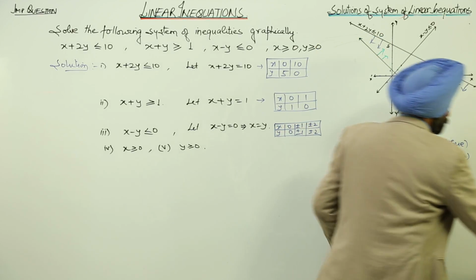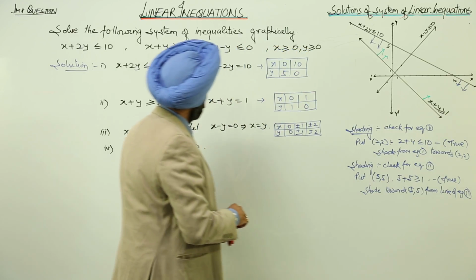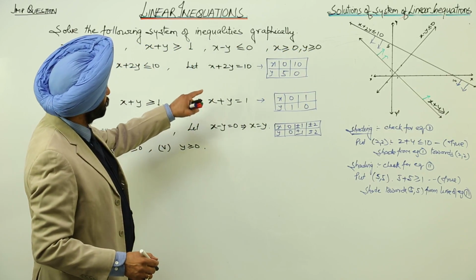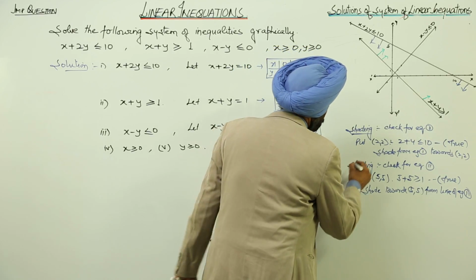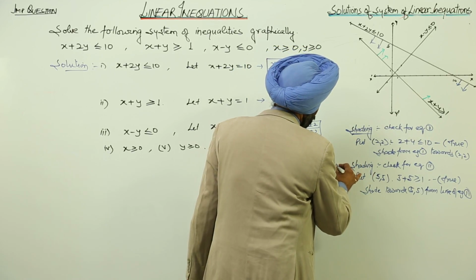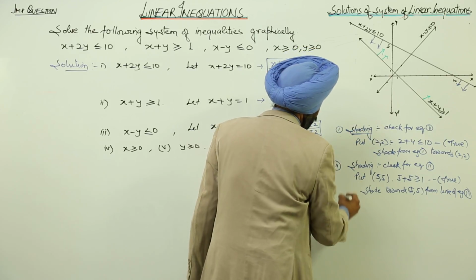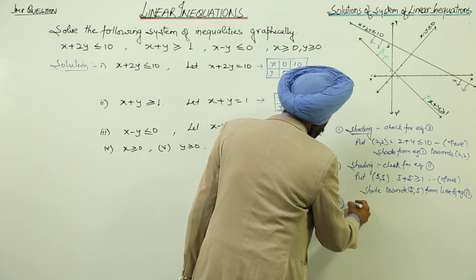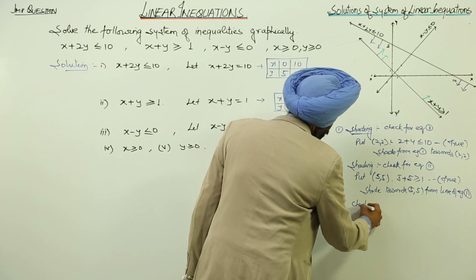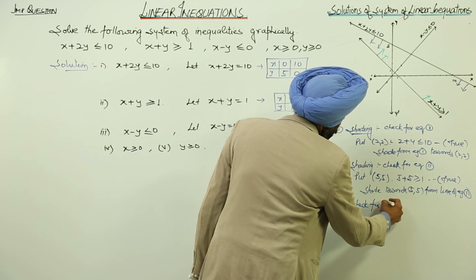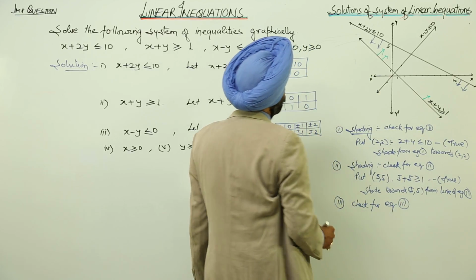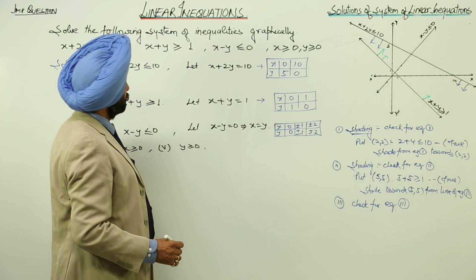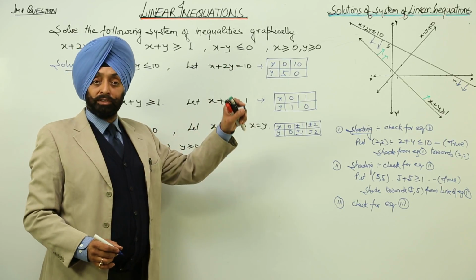Now we are having the third thing. Third is x minus y is less than or equal to 0. Now check for equation 3. Now for equation 3 we want x minus y less than 0.